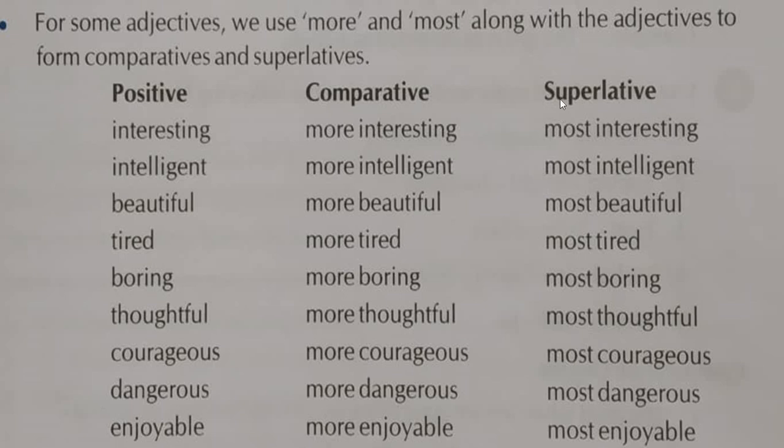We use most in place of superlative and more in place of comparative. But while writing in sentences, we have to add the here, and here more interesting than is used when we use them in the sentence.